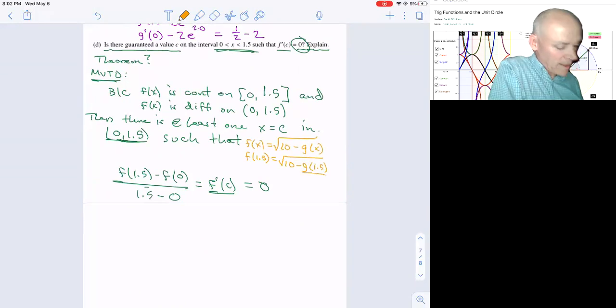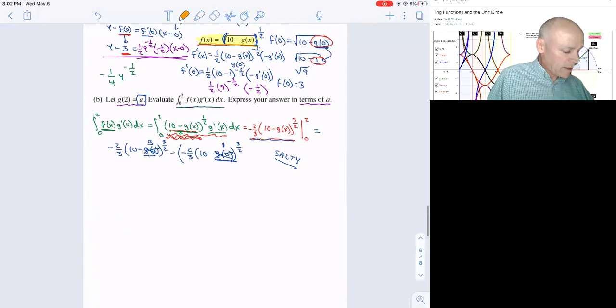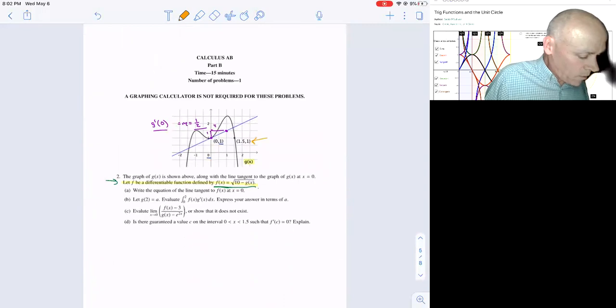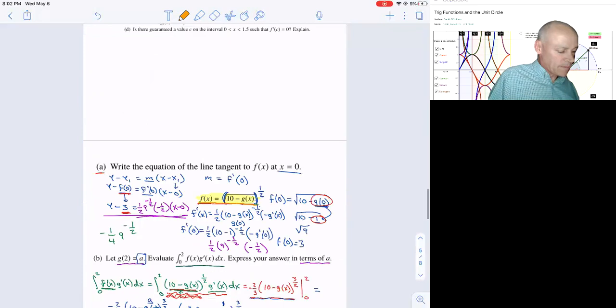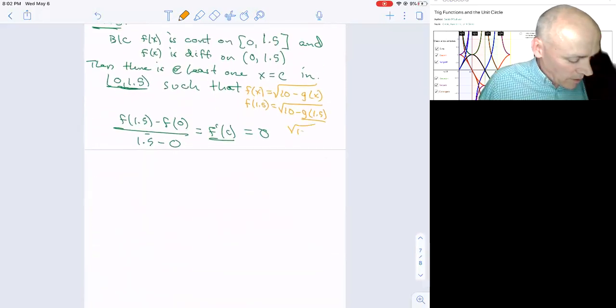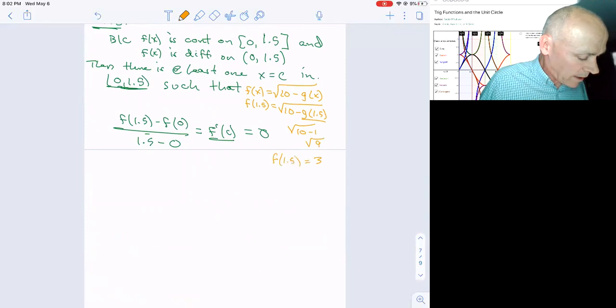To find this, I go up to my graph. g at 1.5 is equal to 1. So that's the square root of 10 minus 1, the square root of 9, that's 3. So f at 1.5 is equal to 3.